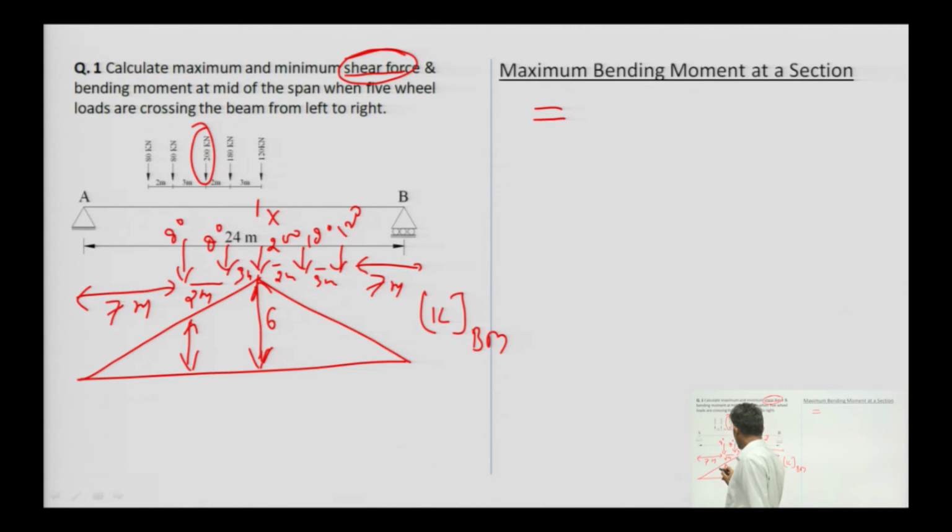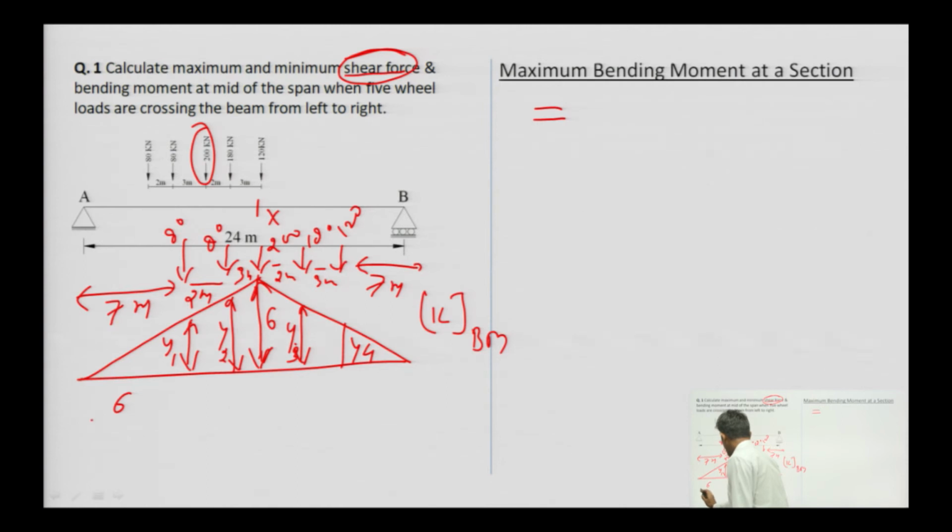Now, to find the value of the maximum bending moment, you need to first find the ordinates. Say this is y 1, this is y 2, ordinate y 2. This ordinate say y 3, and say this is y 4. Ordinates can be calculated using geometry.